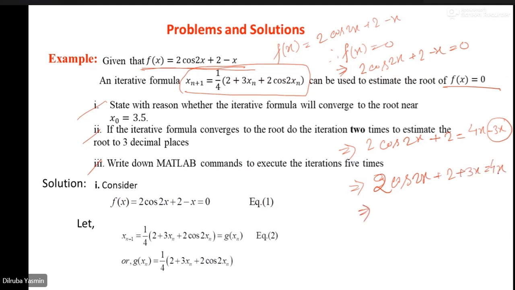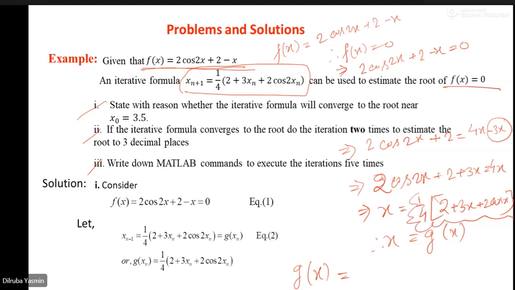So you can write x equal to z of x. That means z of x is equal to only this portion.